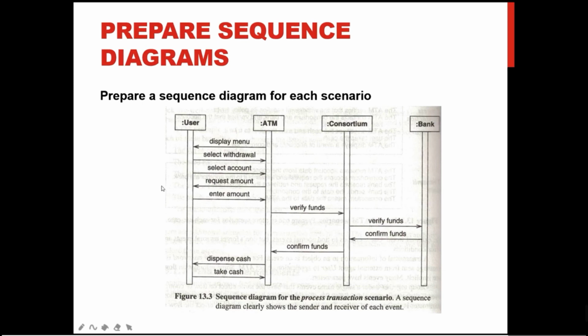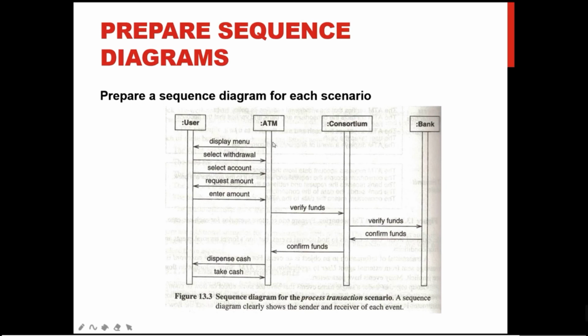Okay, this is a sequence diagram which illustrates the sequence of events for implementing the process transaction. So this kind of graphical notation is clearer than the text-based one. And we know that this is a normal scenario, and this is a sequence diagram for the normal scenario.